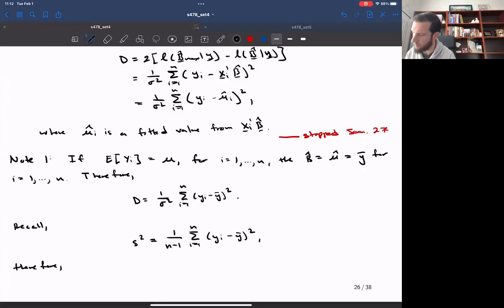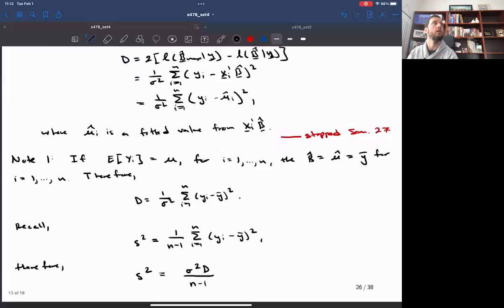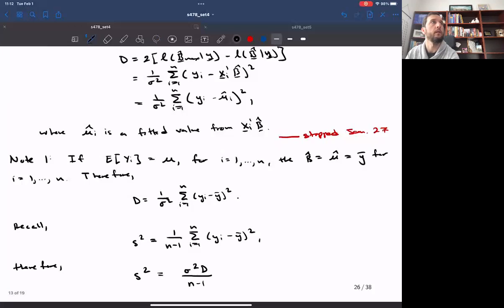Therefore, s squared is equal to sigma squared D divided by n minus 1.